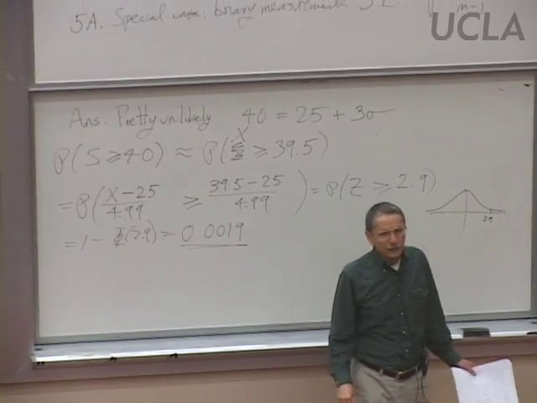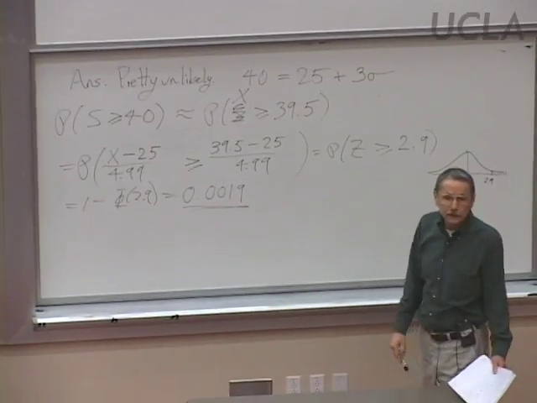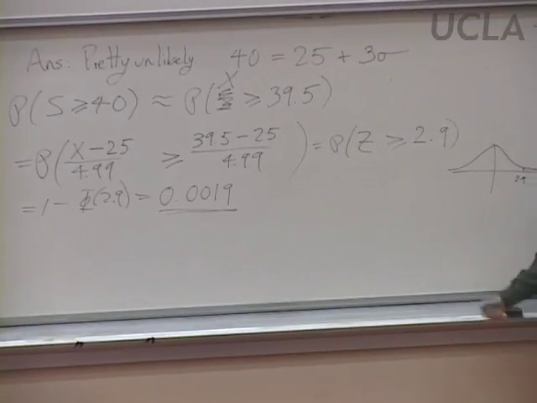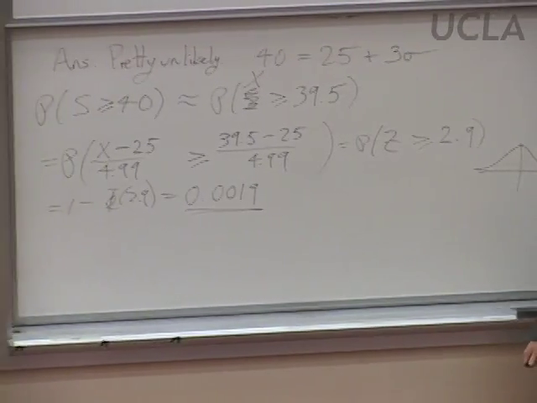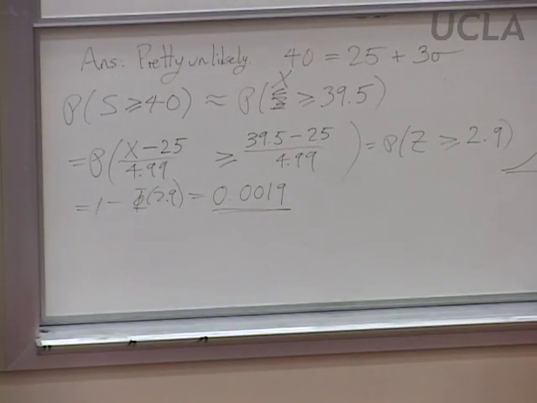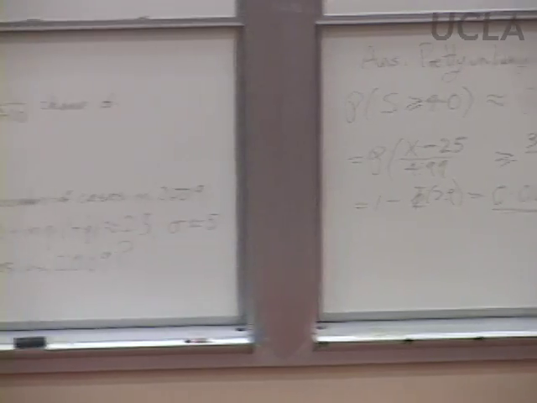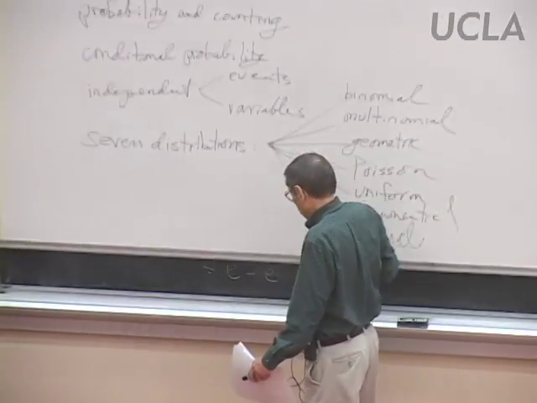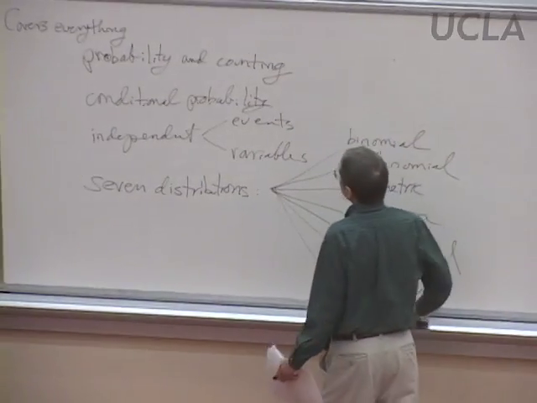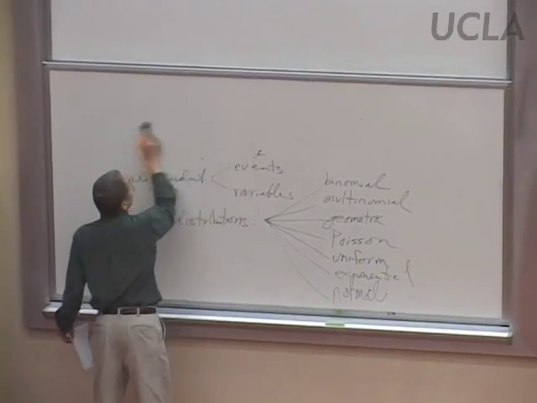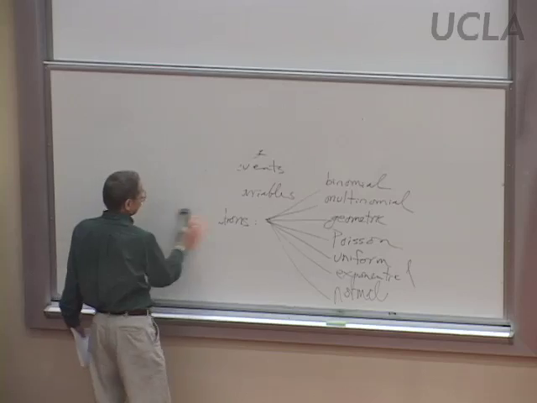It's pretty unlikely that Westwood in 2009 would have a number of cases that's 3 standard deviations above the mean. Well, so if they do get 40 cases next year, people will be pretty suspicious that there must be something other than random effects going on. But now let's look at part B.